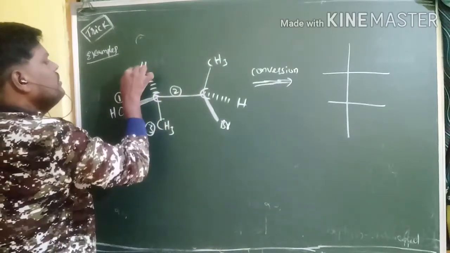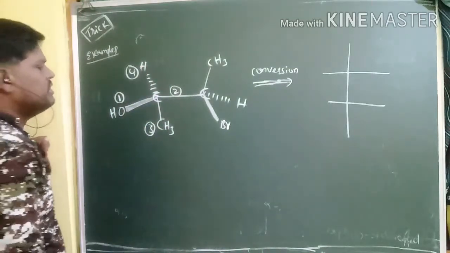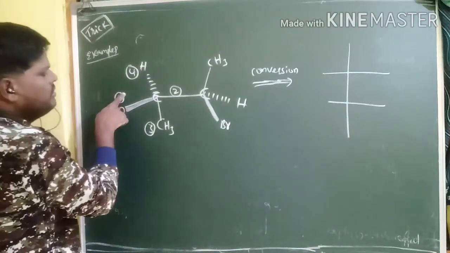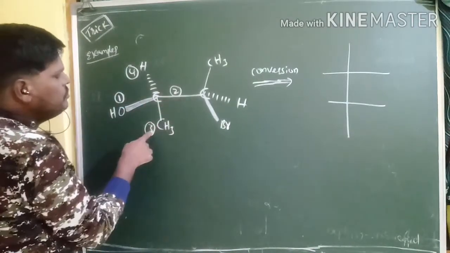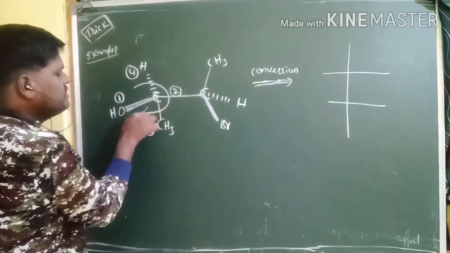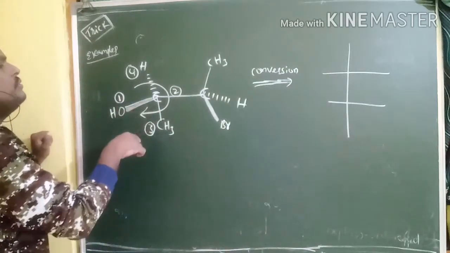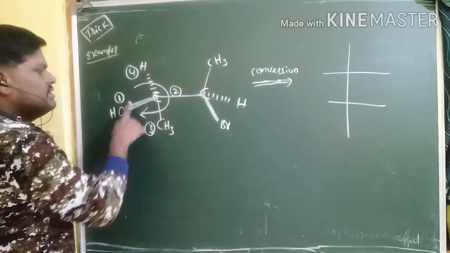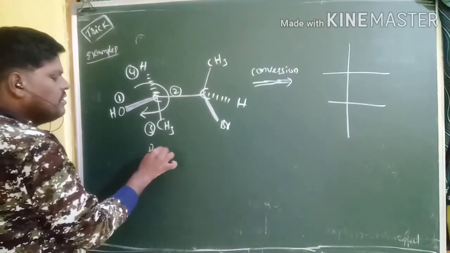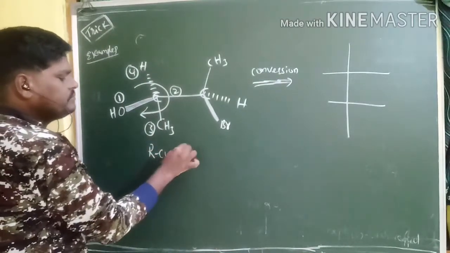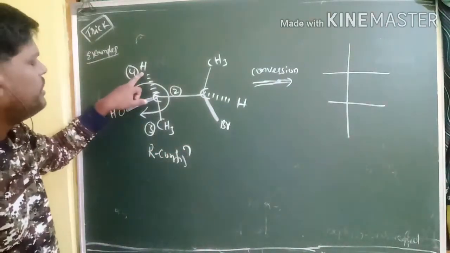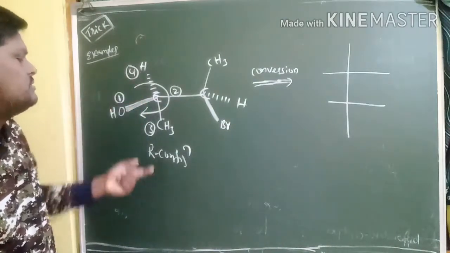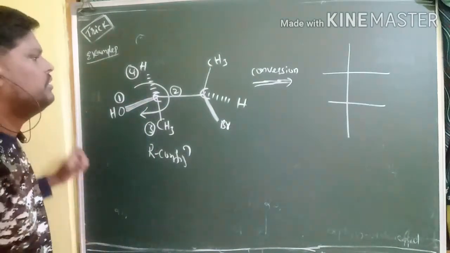Third priority, least priority here. What is the expected direction here? 1 to 2, 2 to 3. So this is the expected direction. Clockwise direction. That's why this is R configuration. Here least priority is already on broken wedge, so you can directly assign R configuration.